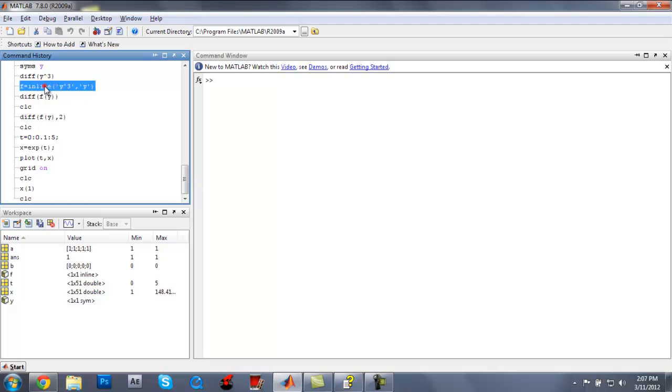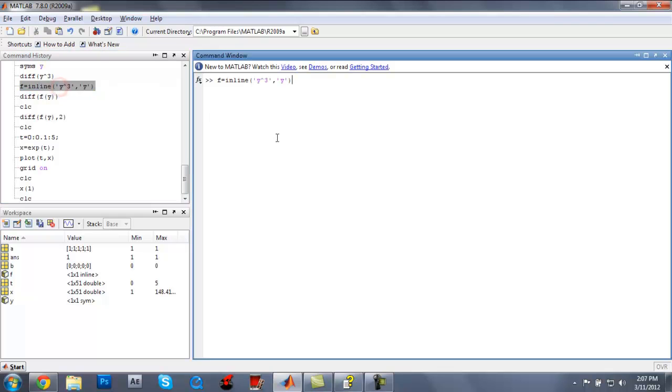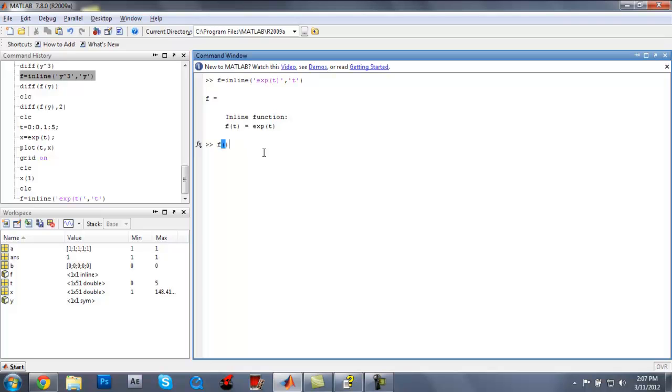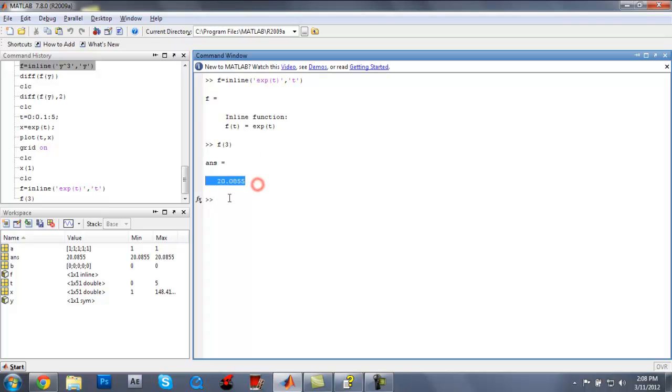We have to define it as a function using f is equal to inline, and in the bracket, in place of y to the power 3, we use exp of t. This is our function f(t) equal to exponential t. For the value of f at 3, hit enter, its value is 20. So we can find the values by defining functions.